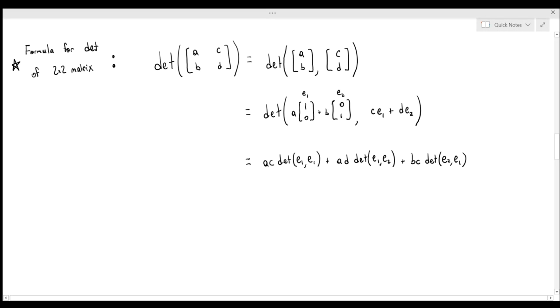And finally, distributing BE2 to the last term will give us BD, and then determinant of E2 and E2 again. All right.